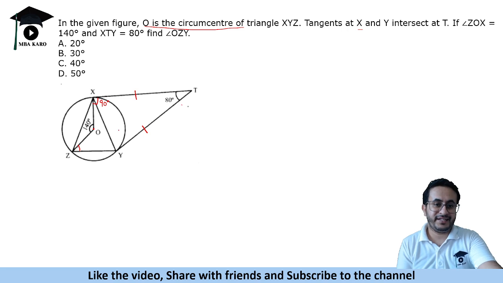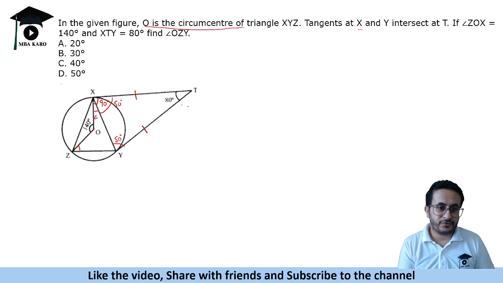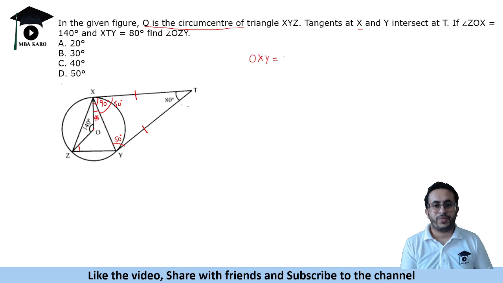So if this is 80, this angle is going to be 50. Okay, and this angle is also going to be 50. If this is 50, the remaining part is going to be 40 degrees. So basically OXY is 40 degrees. Okay, so this part was 50, this is 40.